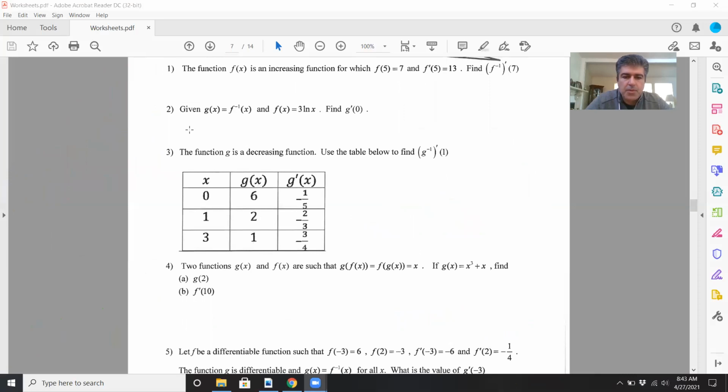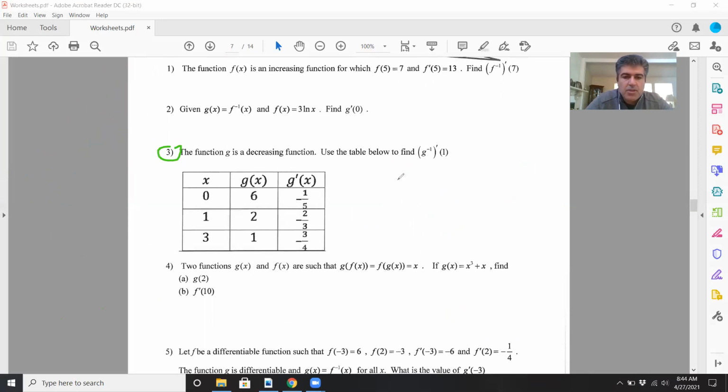Let's try this again for number 2. Actually, let me do number 3. I'll have you try number 2 on your own because it's very similar to number 1. For number 3: use the table below to find the derivative of the inverse evaluated at 1.